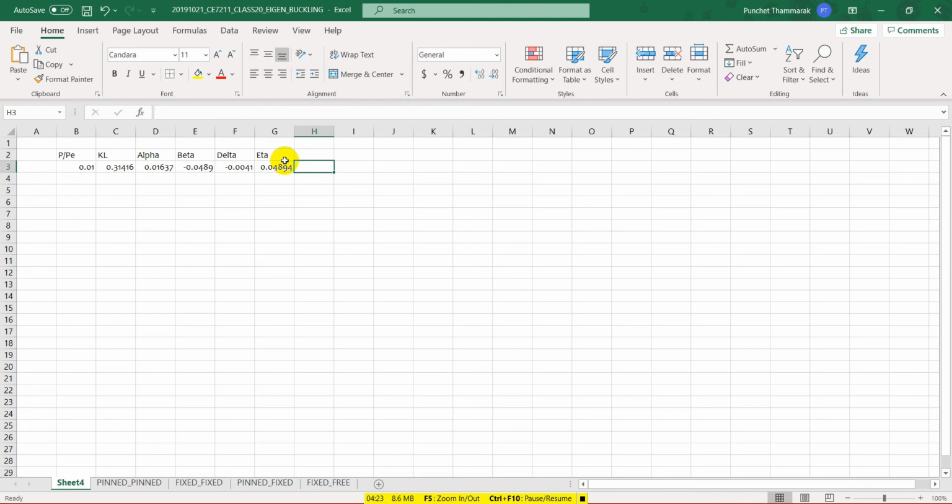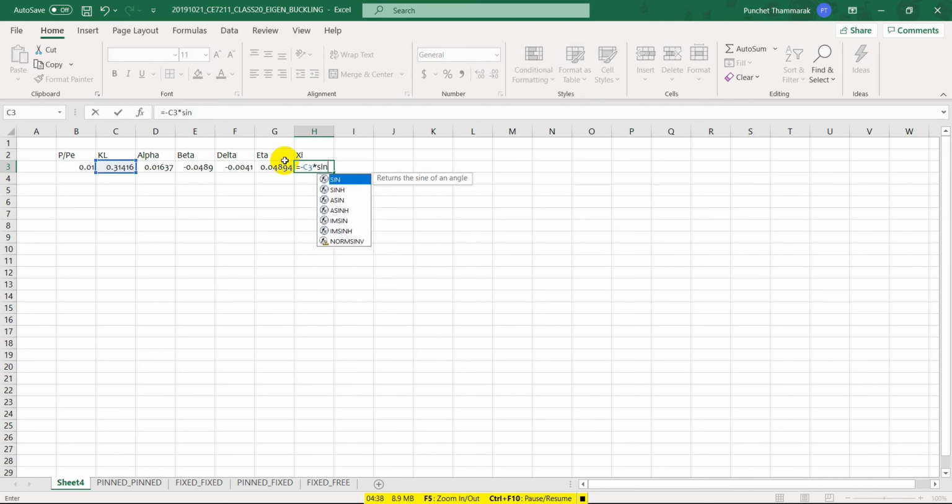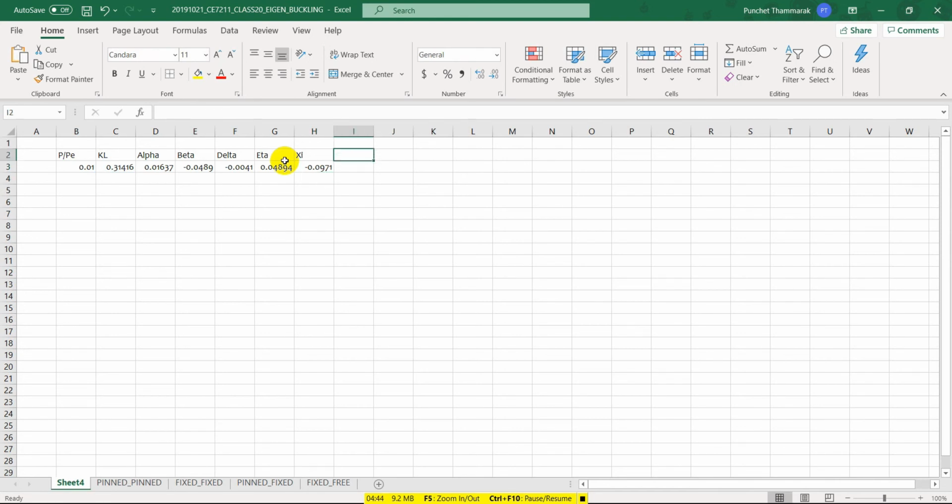And then the C, okay. C is minus KL multiply by sine KL. And omega is equal to sine KL divided by KL minus 1. Okay.